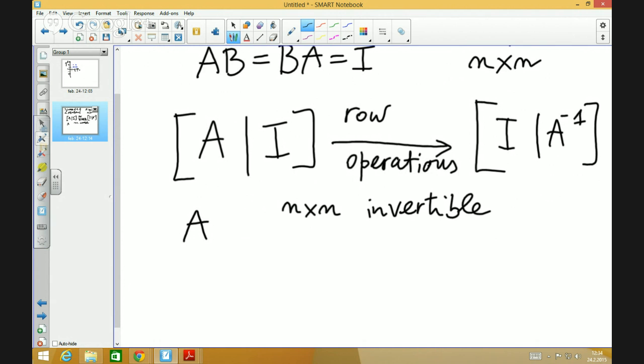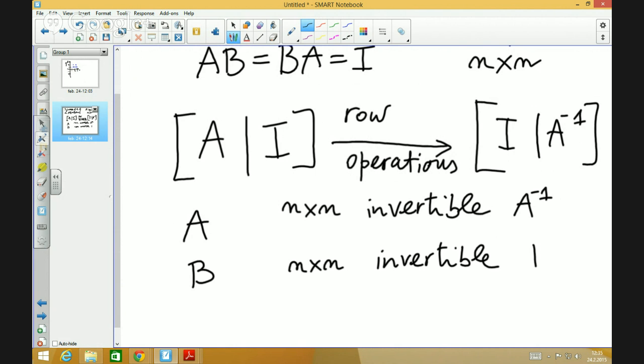Invertible means it has an inverse, and this inverse is written A to the minus 1, like I said before. Just like for a number, small a to the minus 1 is 1 over a. That's the inverse. Okay, and suppose I have another matrix, B, which is also n times n, and it's invertible. And its inverse is B to the minus 1.